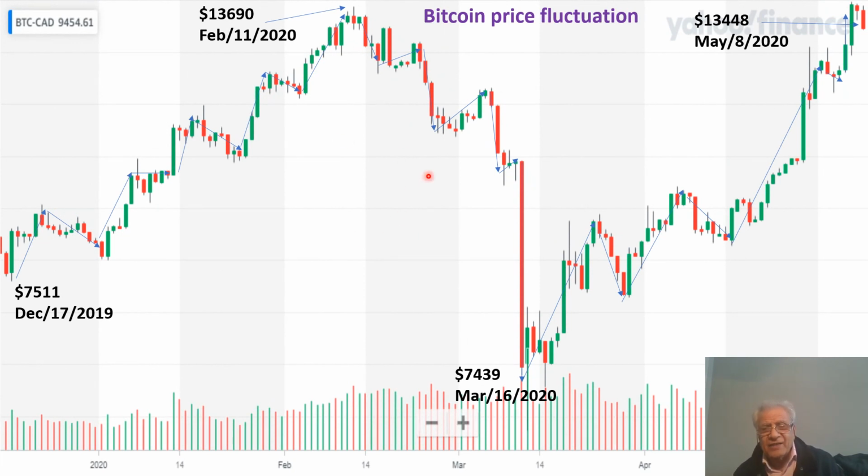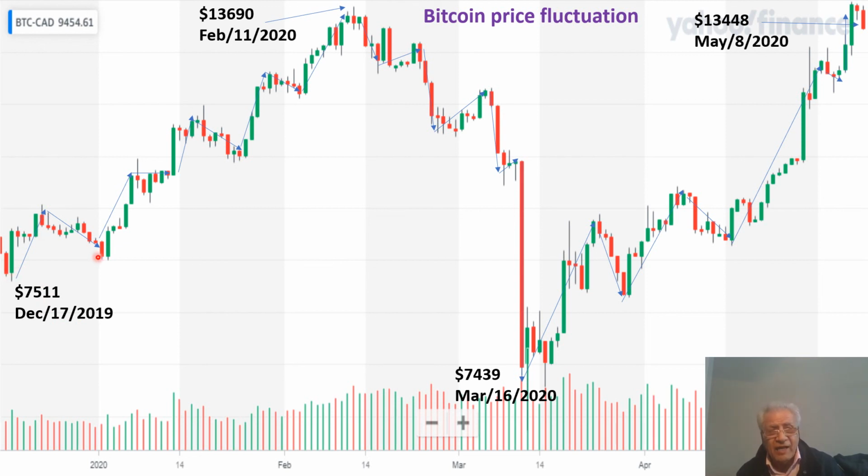Again, in this slide, we are talking about Bitcoin price fluctuation analysis. This is where we enter the market. That's a bullish engulfing. We entered the market at 7,511 on December 17, 2019. Now look at this, a strong uptrend.